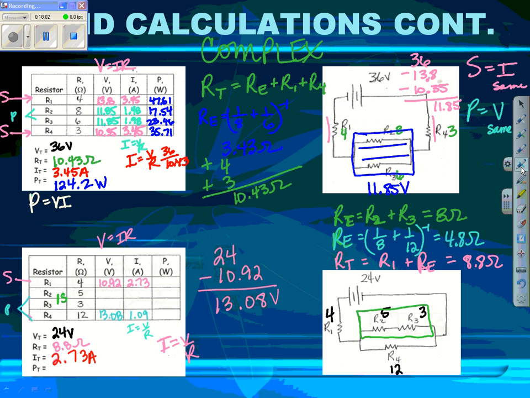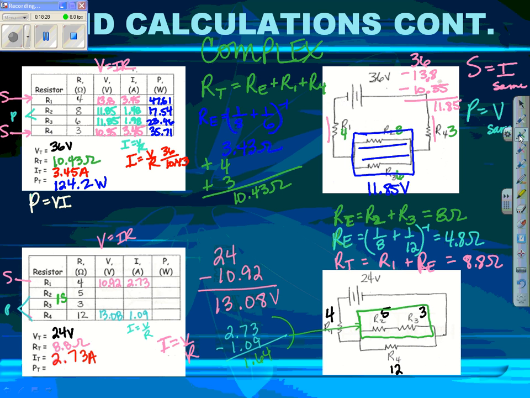So 13.08 divided by 12 is going to give me 1.09. Well, I know the total current is 2.73. If I subtract this 1.09 current that's here, that tells me what current is running through my series circuit of this part of the resistor. Okay, that's going to leave me with 1.64.